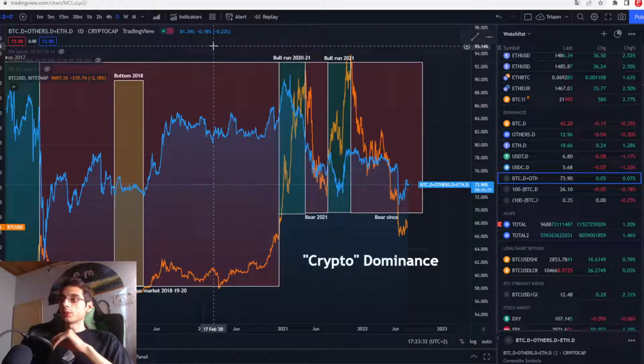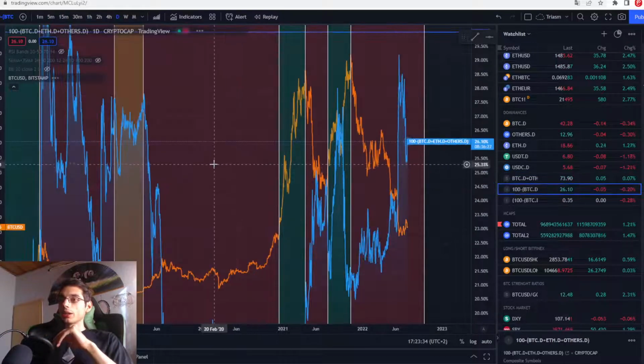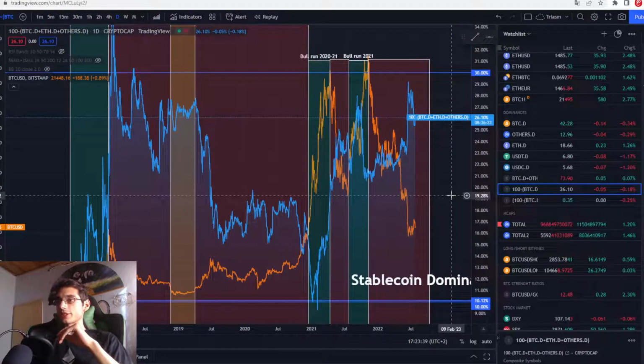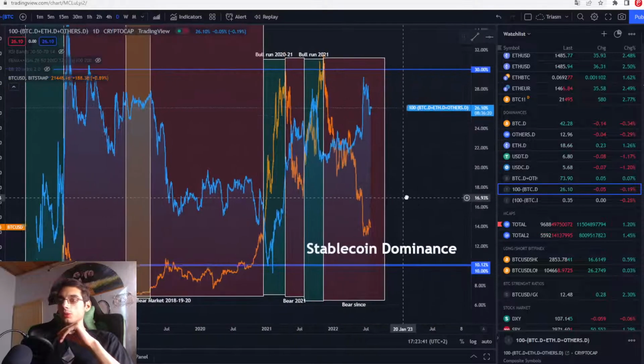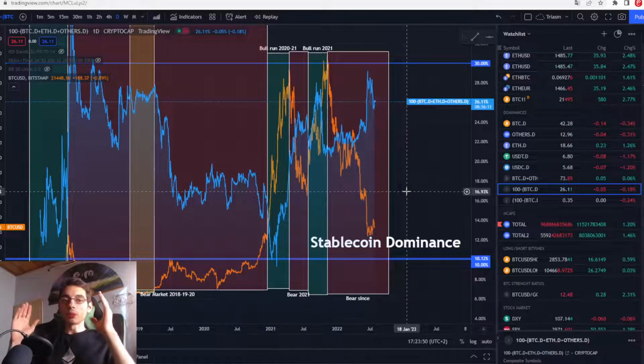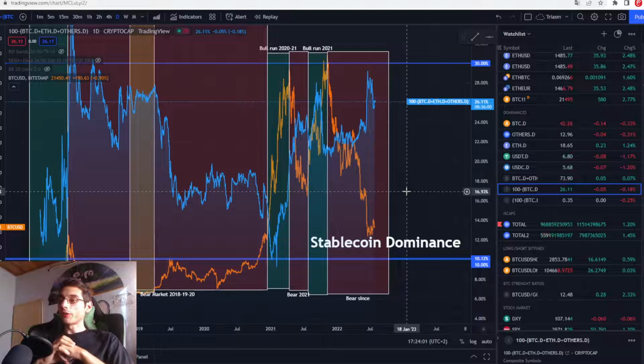And here we are watching that. Meanwhile, here we're watching dollar pegged assets, or if you want to call them, stablecoins. So this is the stablecoin dominance, and it is the actual Bitcoin dominance, Ethereum dominance, and altcoin dominance just subtracted from the 100 percent total of the crypto market itself.